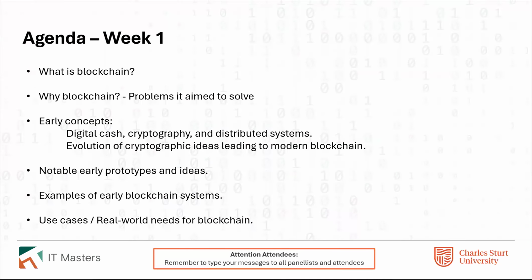Week one, really important. What is blockchain? We broke down how it works, how hashing works, and some previous examples of blockchain. Blockchain is, and I'll say this again, a combination of different technologies. It wasn't just one thing. It was, let's take a piece of this, let's take a piece of that, and it was put together, and that was how blockchain was originally created.